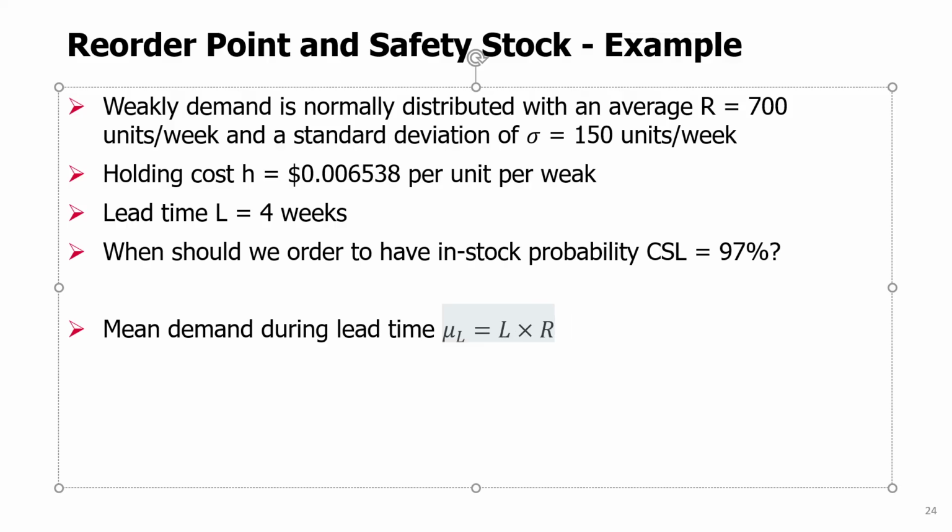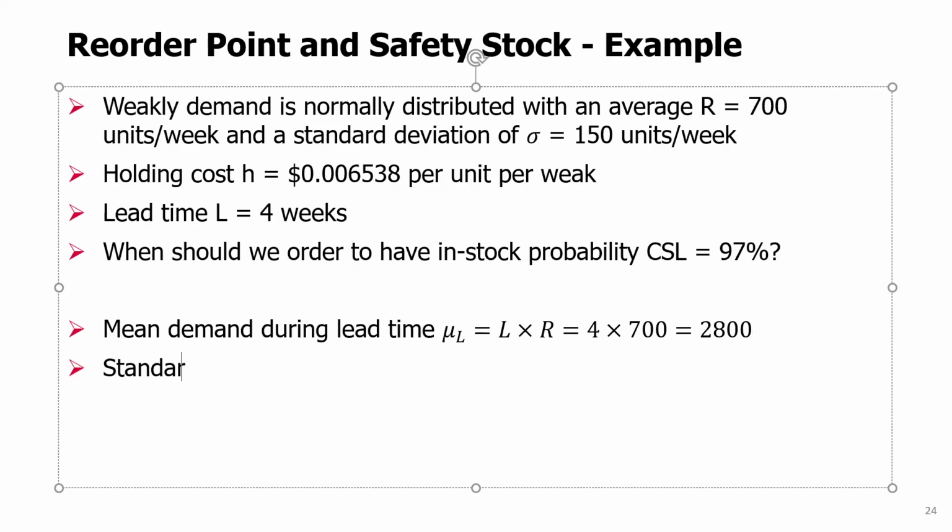So lead time is 4 weeks and demand per week is 700. So it will be 4 times 700 equals 2,800, right? So that is the number of units. We could say per 4 weeks, we're just going to keep it as a value without unit, but remember this is number of units per the duration of lead time.